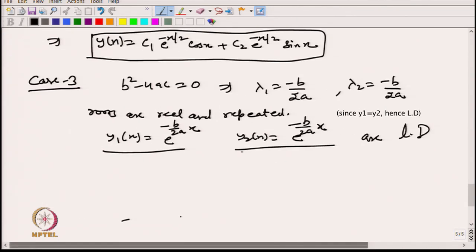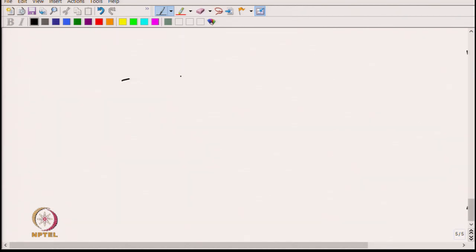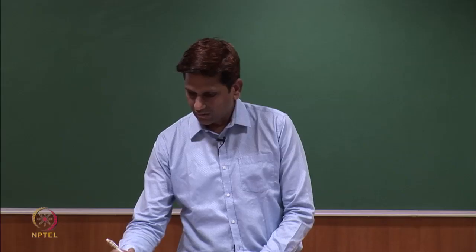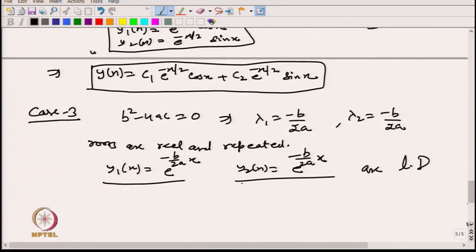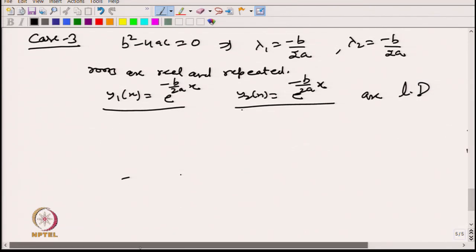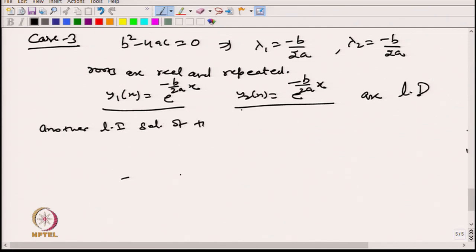So, with the help of the one solution, because one solution is known to me, I want to find another linearly independent solution of equation 1, whatever equation I started with.